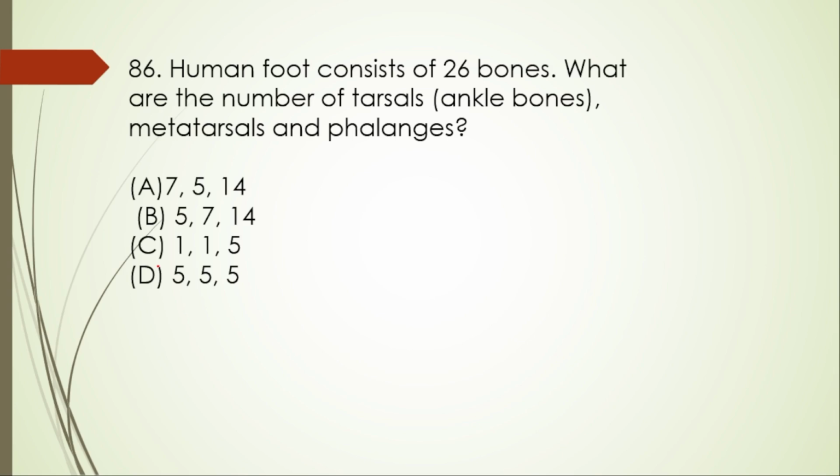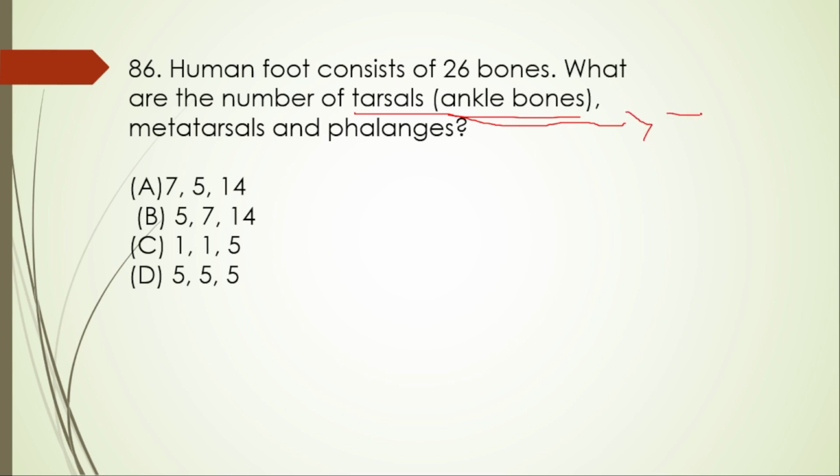Next one, that is 86th question. Human foot consists of 26 bones. What are the numbers of tarsals, that is ankle bones, metatarsals, and phalanges respectively? Okay, here let me write tarsals, that is ankle bones.